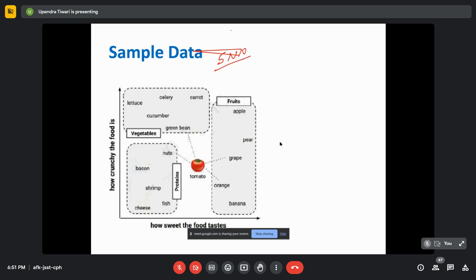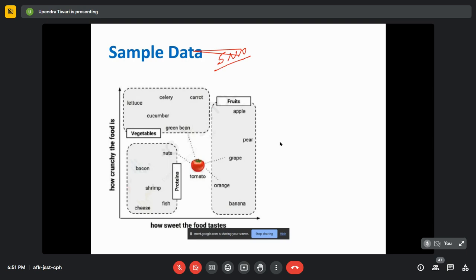What is the meaning of 5 nearest neighbors, everyone? It means I find the 5 data points which are nearest to this tomato.